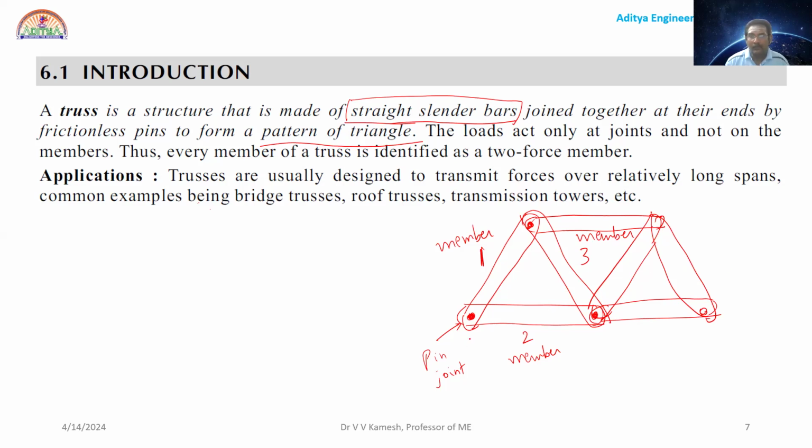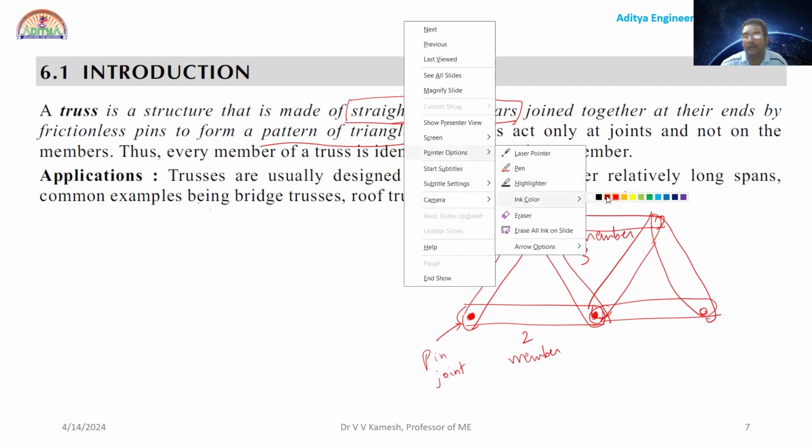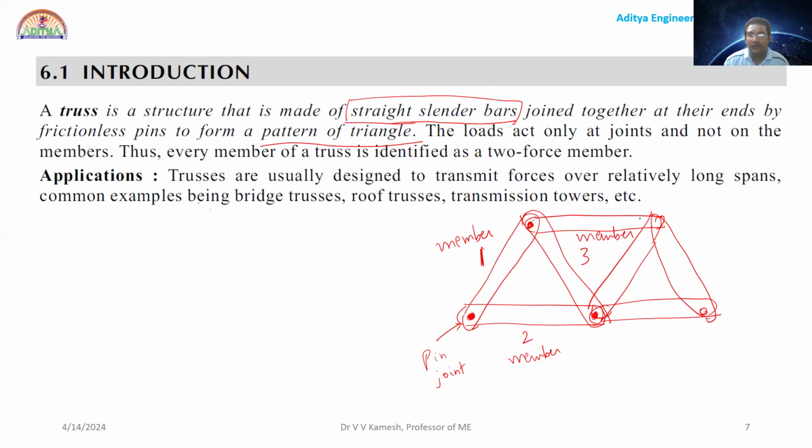Now I will show you with a different color. Suppose for the supports, I will take one more. Here I will take a hinge support, and here at this end, I will take a roller support.